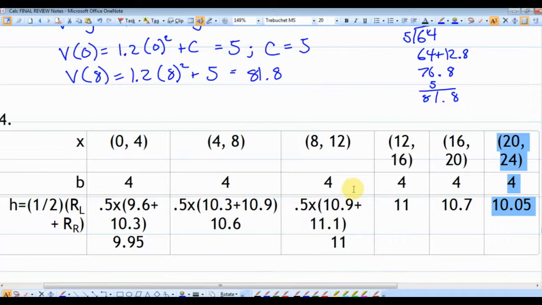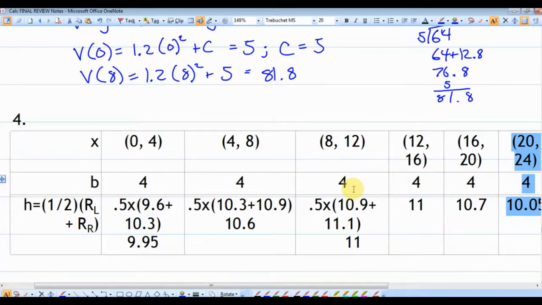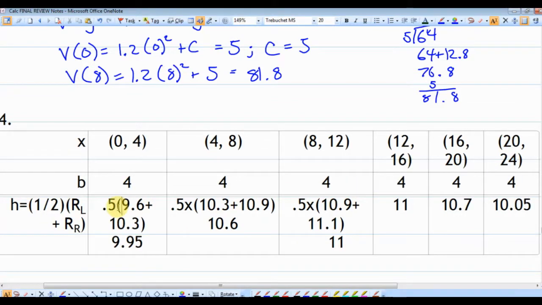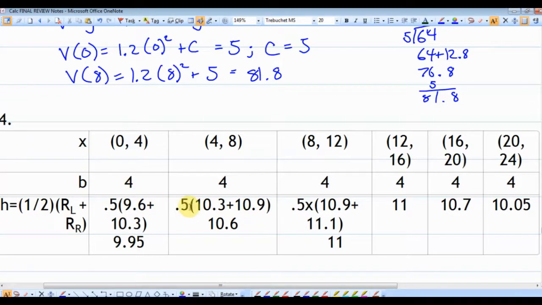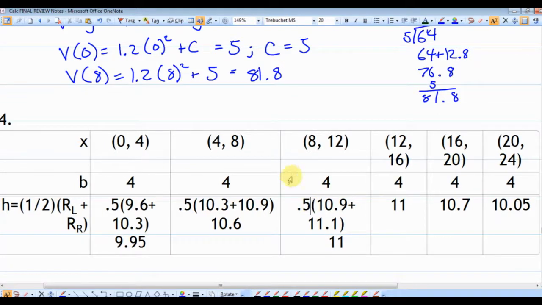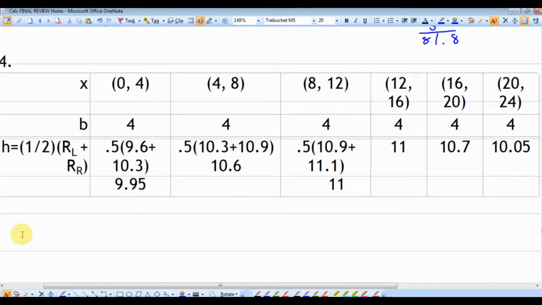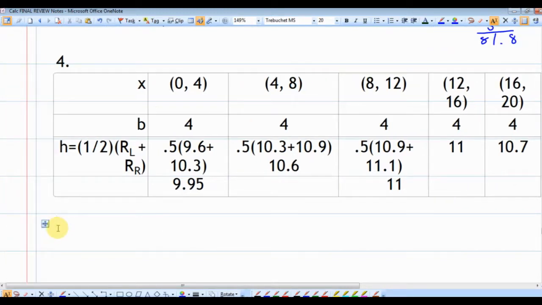All right, so that is one heck of a chart there, right? Okay, and let's go ahead and get the integral then. Let's evaluate that integral. So we're going to have the integral from 0 to 24.